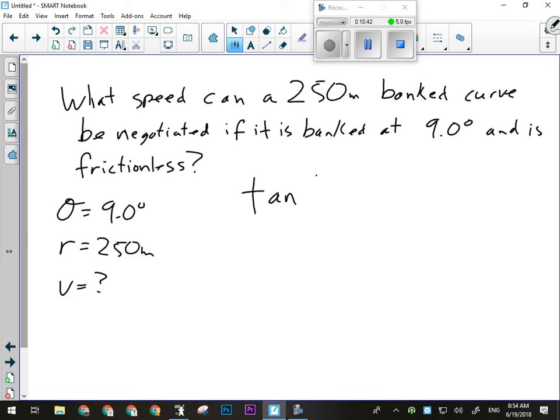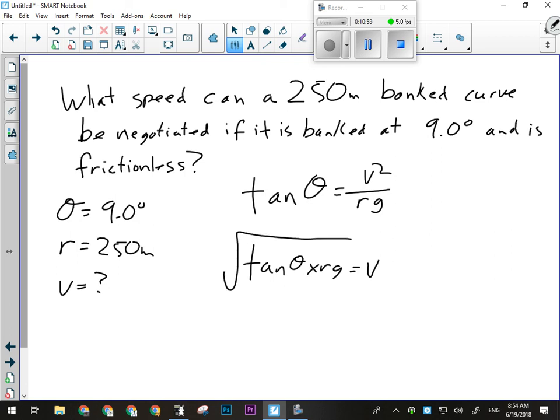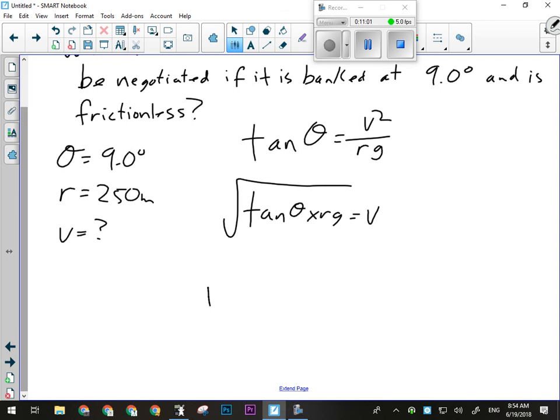All right, so the bank curve formula is tan of theta equals v squared over r times g. Right, so if we're looking for v, we multiply both sides by rg, so we have the tan of theta times rg equals v, and we have to square root that. All right, so when we plug that in, we'll have the tan of 9 degrees times 250 times 9.81.